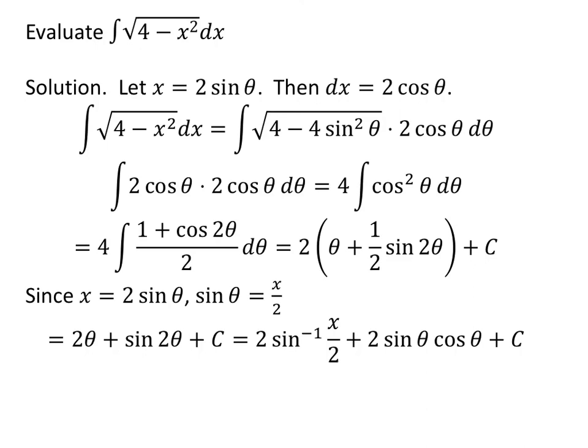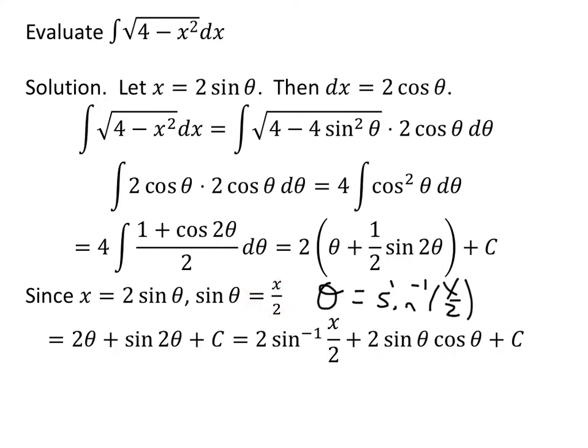And, okay, so from this one, where did this inverse sine of x over 2 come from? I took this equation and solved it for theta, which means we need to bring the sine to the other side. It appears as the inverse sine of x over 2. Over here is that sine of 2 theta equals 2 sine theta cosine theta business. Now we know what the sine of theta is.